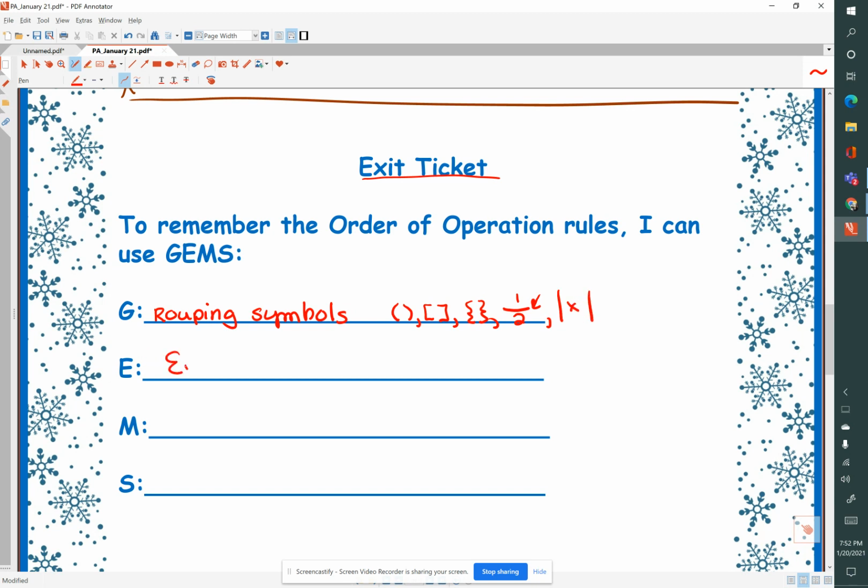E is for exponents and radicals. M is for multiplication and division.